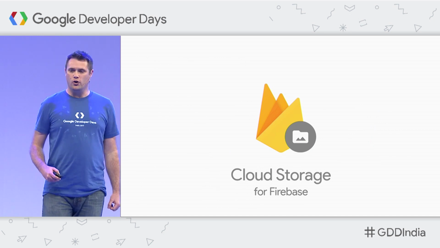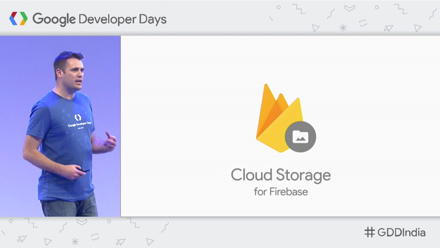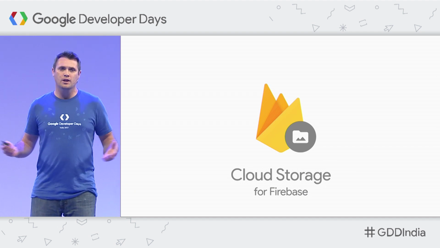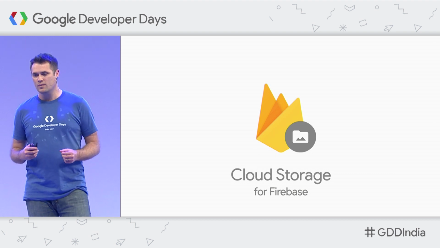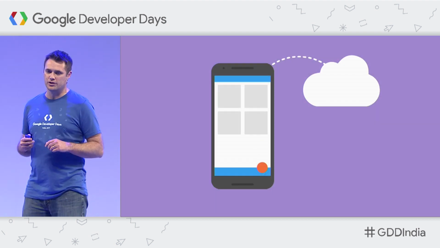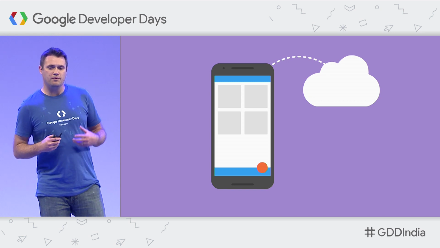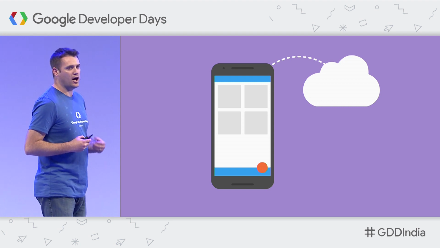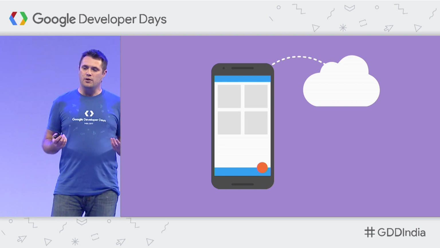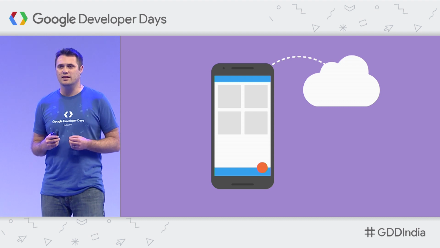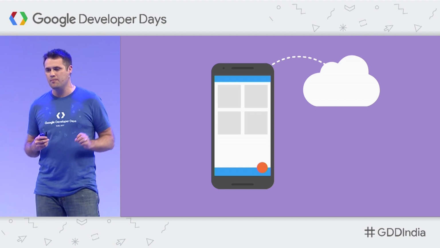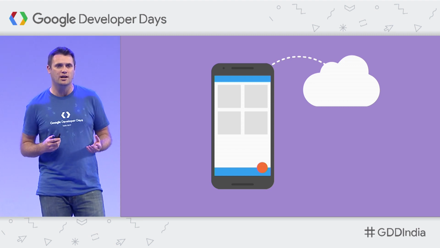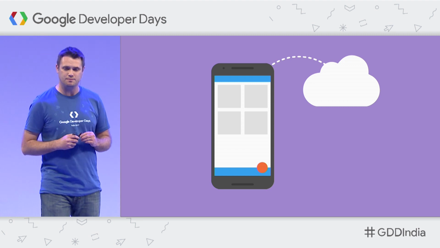Since we need to record audio and share it with other users, we need to store the file somewhere secure that's also accessible across multiple devices. Cloud Storage is the right solution for that, and it comes with Firebase SDKs. It's easy to select a file on your device and upload it directly from anywhere. We have client-side SDKs in 5 languages: Android, iOS, JavaScript, Unity, and C++, so we can meet you where your app is.